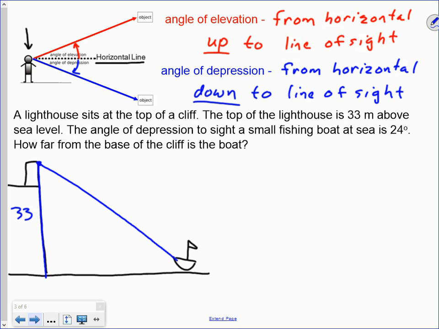So we want to draw in that horizontal line, which always is horizontal at that person's eye level. So if the person is up here at the top in the lighthouse, this is our horizontal line right in here, which means our angle of depression is going to be from that horizontal down 36 degrees. Oh, sorry, 24 degrees.